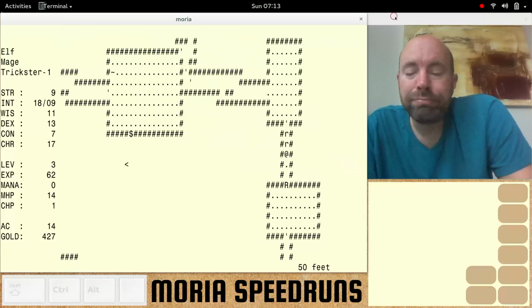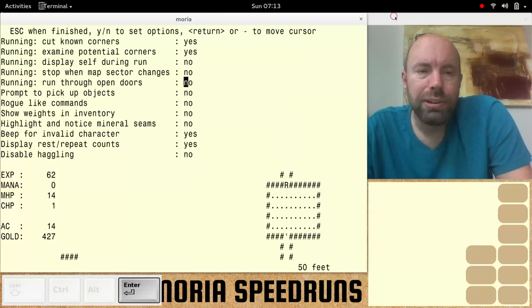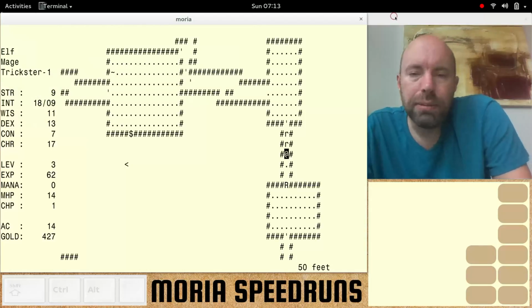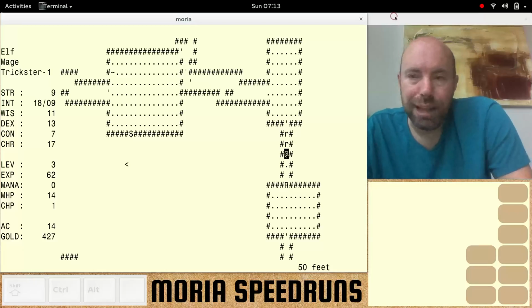Anyway, I'm not even playing with my keyboard here, so I have to use roguelike commands. What I mean by that is I don't have a keypad, right? Just using my laptop keyboard.